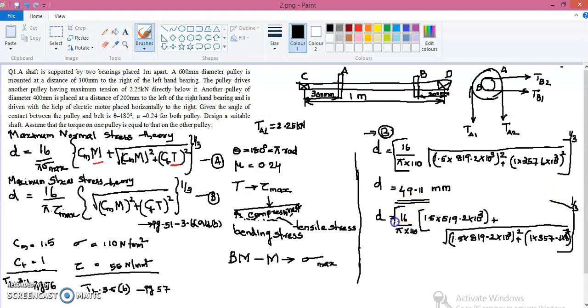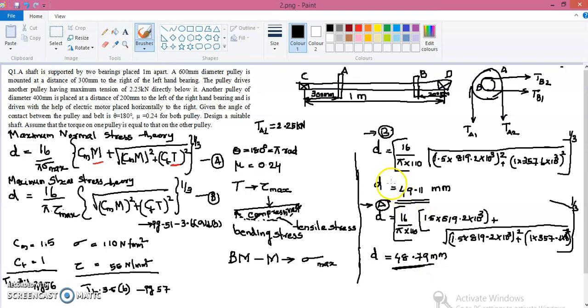This is equation A. We are substituting these values in equation A, that is the normal stress theory. And when we calculate, we are getting the diameter equal to 48.79 millimeters.